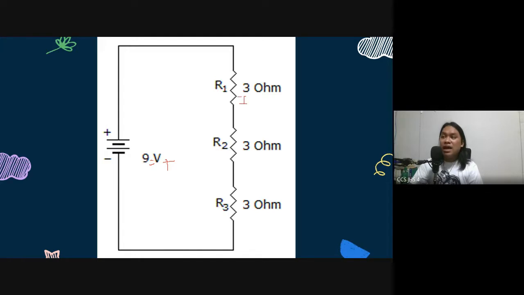Very good. Then we also have what else? Aside from current, we have R sub 1 for load number 1, and we also have V sub 1. So automatically we have resistance, current, and voltage for load number 1.